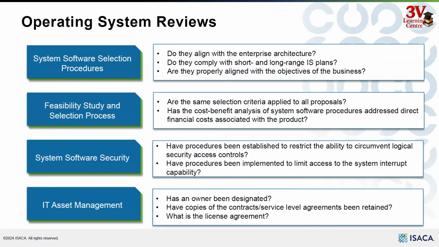And secondly, has the cost benefit analysis of the system software procedures addressed direct financial costs associated with the product? A lot of things can easily be hidden in the midst of the figures.